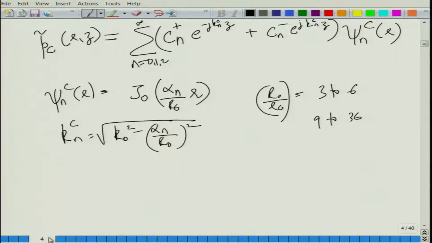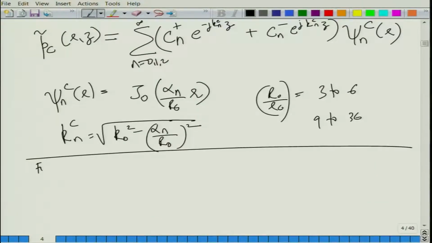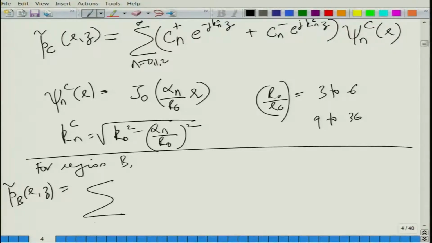So, for regions B and D, for region say B, we have P(R, z), so this will be the same.